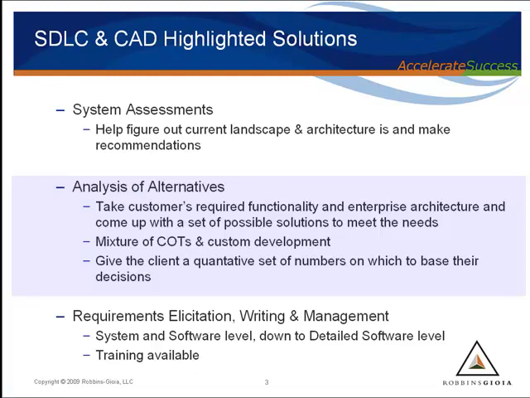A lot of times there's custom development or customization that needs to go on, so we help them get their head around what those costs are going to be, what their training costs are for their staff. So what they're really getting from us is the total cost of ownership of moving to a new architecture. And then they can make the decision. They can take our recommendation, they can sit down, they can look at it, and then they'll have numbers in front of them that they can use to defend their decision and move forward if desired.